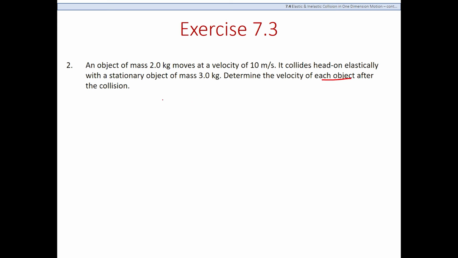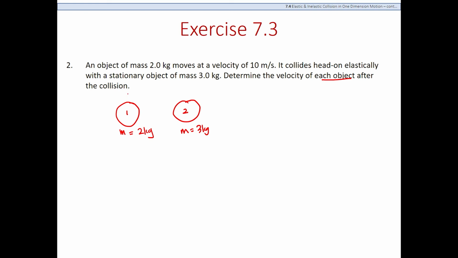So we have two objects. Object 1 has mass 2 kg, and object 2 has mass 3 kg.